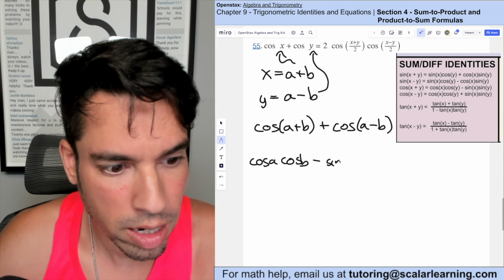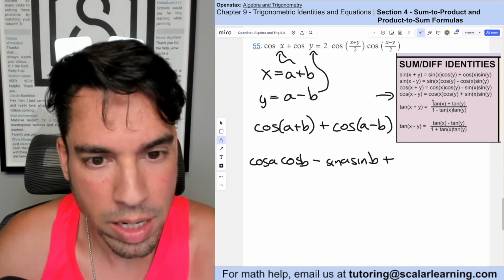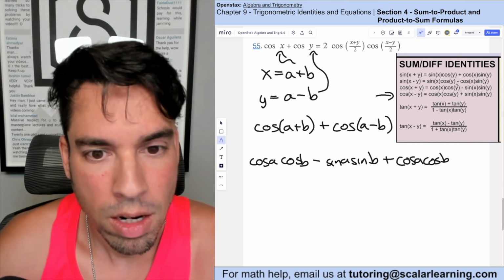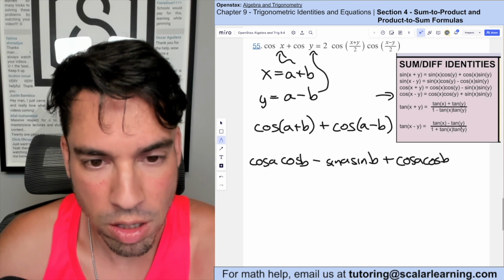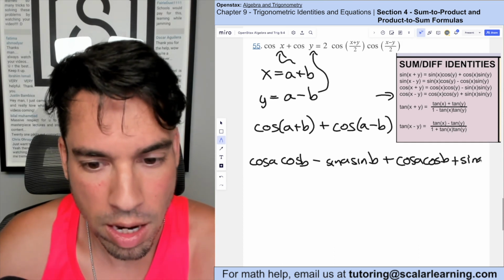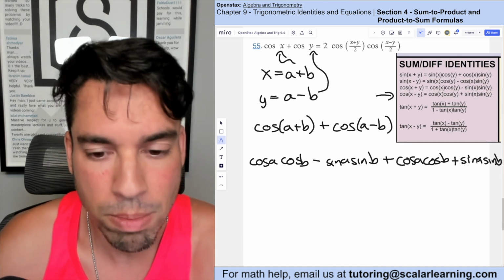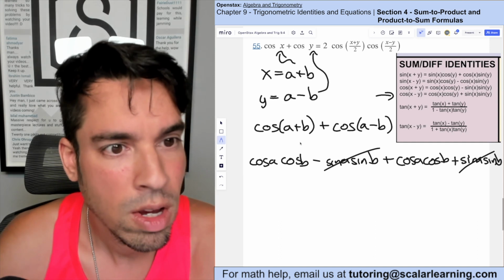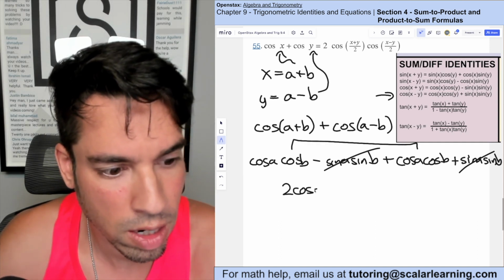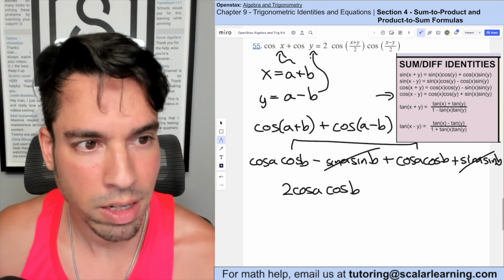Minus sine A sine B. And then it's going to be plus, and then for the minus one, it's going to be cosine A cosine B. And then when it's minus, it's actually plus for cosine. And then it's going to be plus sine A sine B. Now this is negative sine AB, this is positive sine AB. Cancel, cancel. And then we add these together and we get 2 cosine A cosine B. Now all we have to do is plug back in for x and y.